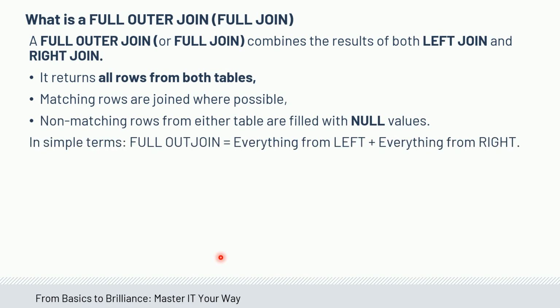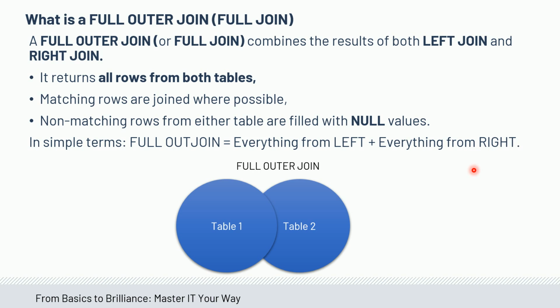In simple terms, we say that the full outer join equates to everything from the left plus everything from the right. So that's the full outer join. Everything from table 1, which is our left table, and everything from table 2, which is our right table.